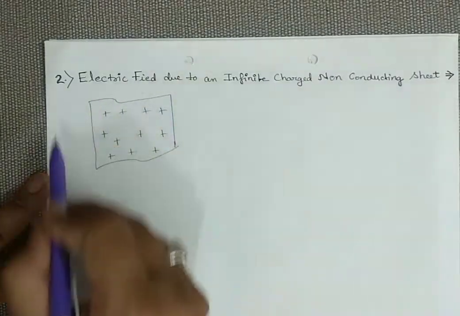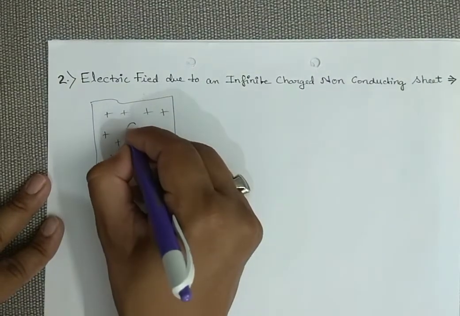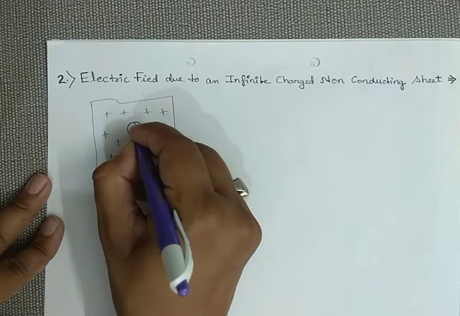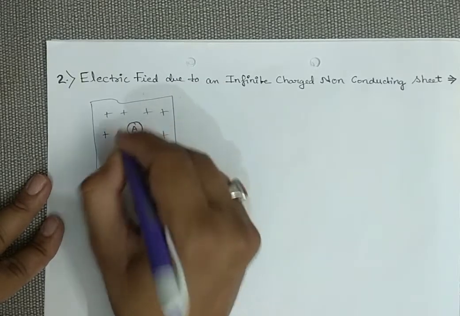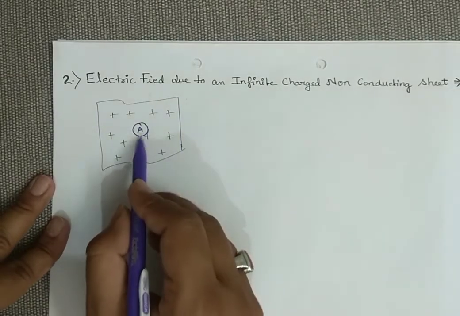Now we know that we cannot enclose the complete sheet. So we just take a small surface area of the sheet. Let the area be A. This is a small area which I have to consider. And if I am using Gauss law, I have to enclose this sheet.